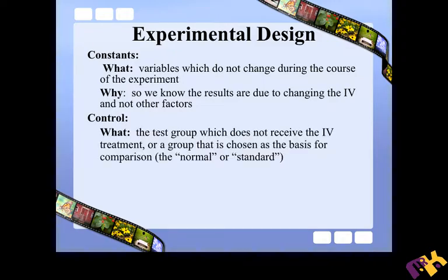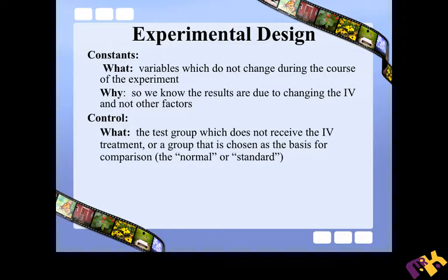All right, so constants are things that we hold the same throughout the experiment: the same type of container, the same type of planting soil, the same amount of water, the same time they get watered. All that stuff falls under constants. A control or a control group is what we're going to compare everything else to.